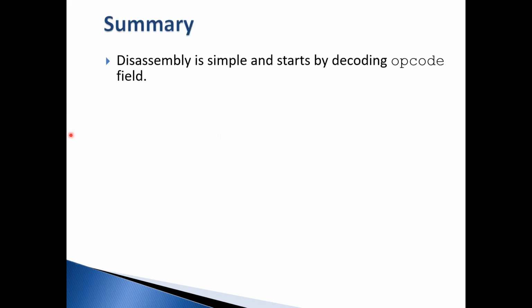Very good. All right, so in this section, we learned how to disassemble simple instructions by using the opcode. Once we know the opcode, we know which format they are, and then based on the format, we can partition the fields. And when we need to convert that into higher level languages such as C, we can be creative. First of all, take a look at the overall behavior of the program and then write the equivalent code.